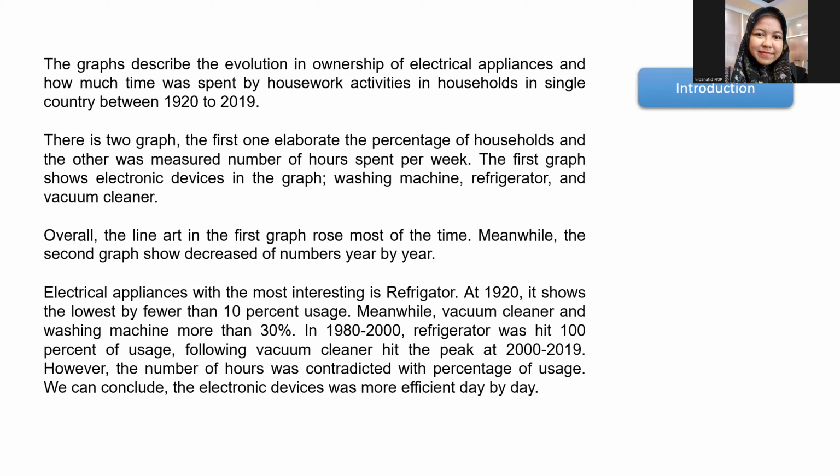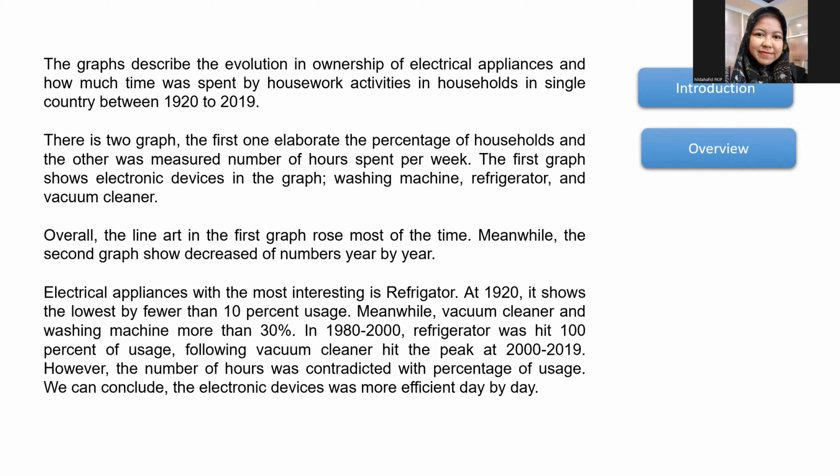And then the next paragraph should be about the overview. So like a short overview. Overall, you need to explain what's the most obvious trend you see during the observation, and the overview cannot have details in it.